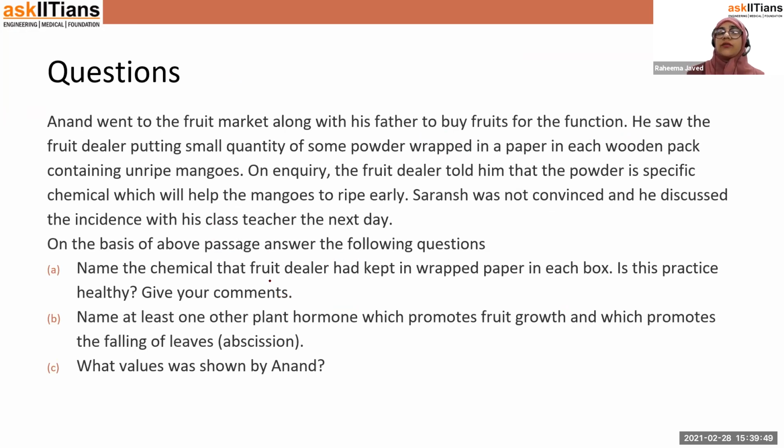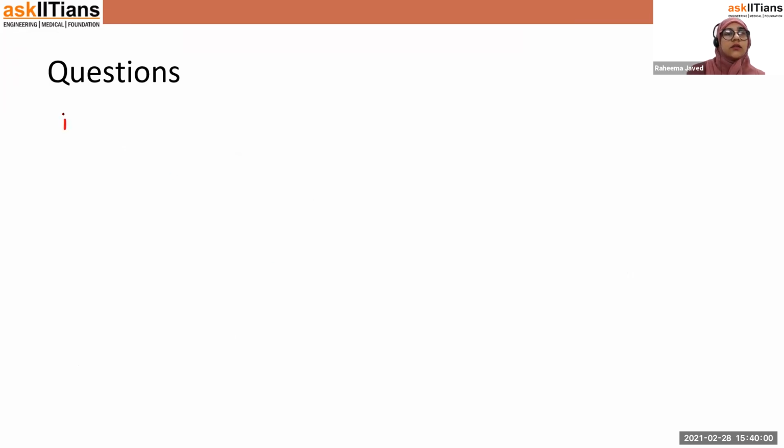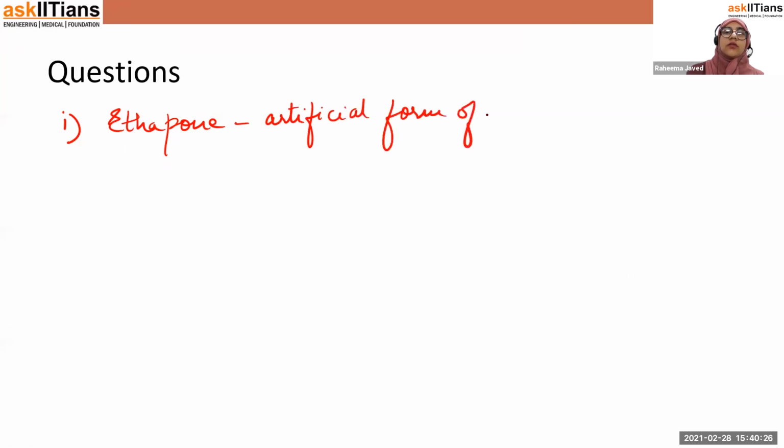Name the chemical that the fruit dealer had kept in wrapped paper in each box. Is this practice healthy? Give your comments. So we are going to answer here. For the first answer, the chemical that the fruit dealer was putting wrapped in paper is ethephon, and it is an artificial form of ethylene.